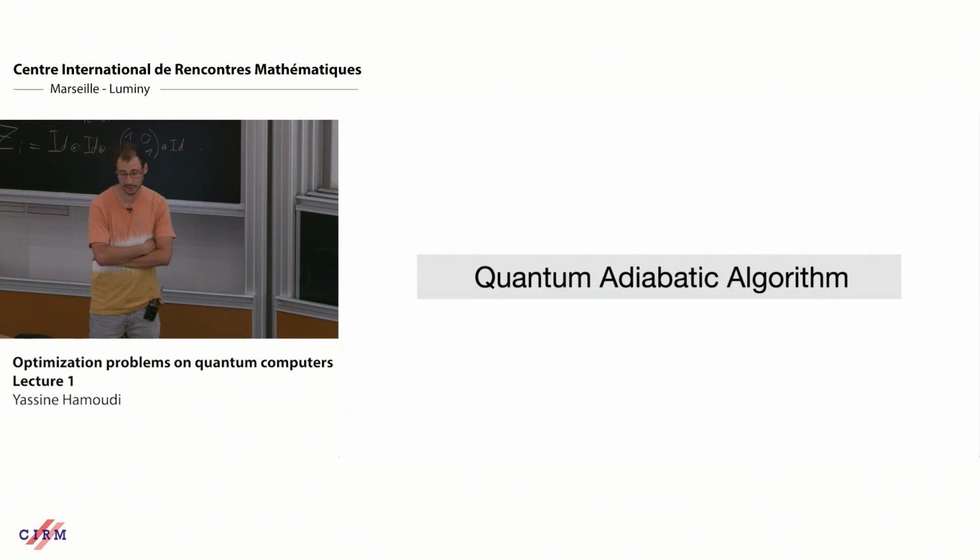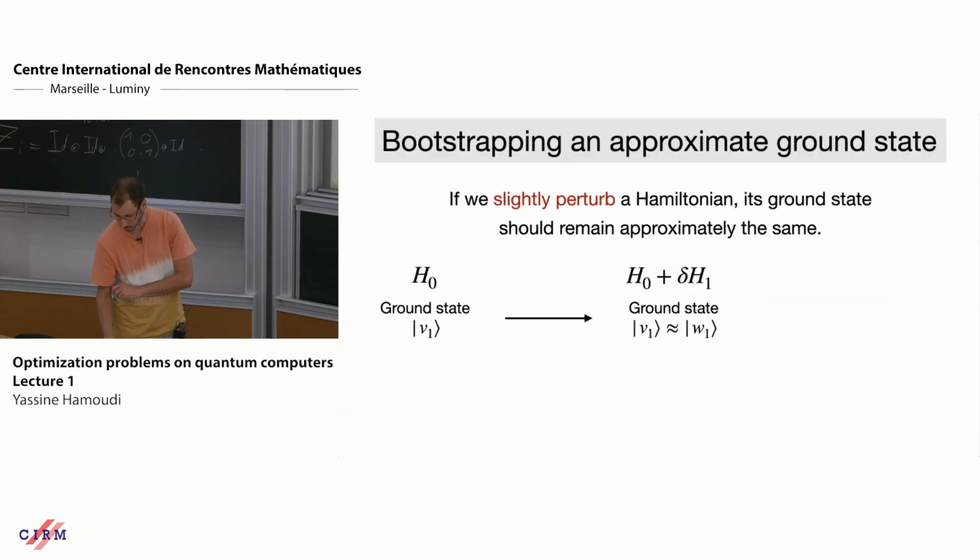Okay, so the next algorithm is the adiabatic one. It's a very famous optimization algorithm, something that will allow us to bypass the warm start assumption. The basic idea of the adiabatic algorithm is the following relatively straightforward observation.